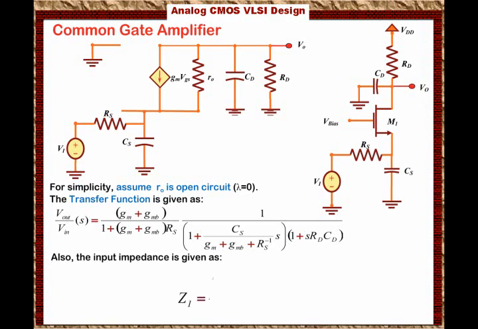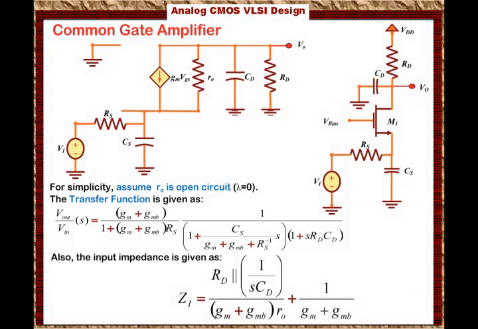Then we can say that Z of D will equal to R of D in parallel with 1 over S times CD over Gm plus GmB times Ro plus 1 over Gm plus GmB. So basically what we're saying here is the common gate amplifier is also a function of frequency. Its input impedance is a function of frequency, and you can calculate the output impedance as well, and it will be a function of frequency, and the gain, as we said, is also a function of frequency.